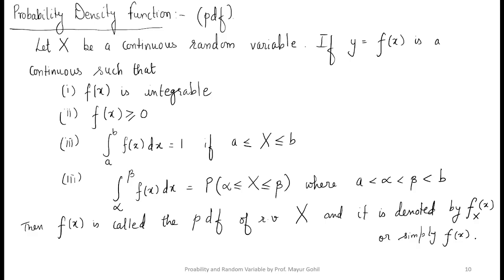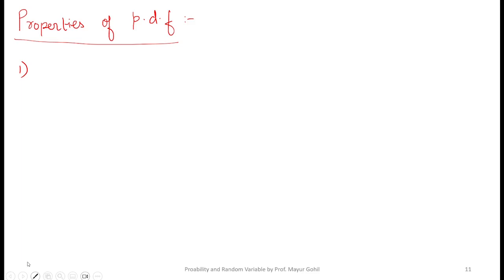Now we see the properties of probability density function. Let me write here properties of PDF. The first property is that f(x) should be greater than or equal to 0. It is one part of the definition that we had seen, but we mention it again here. f(x) is greater than or equal to 0 for x lying between minus infinity and infinity.